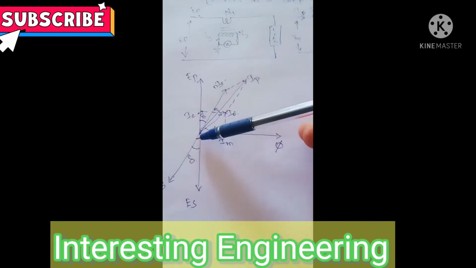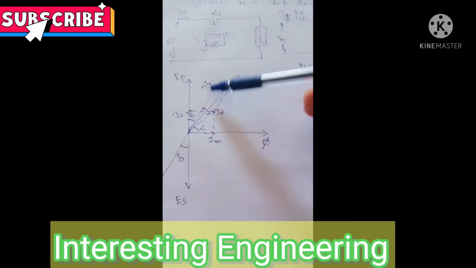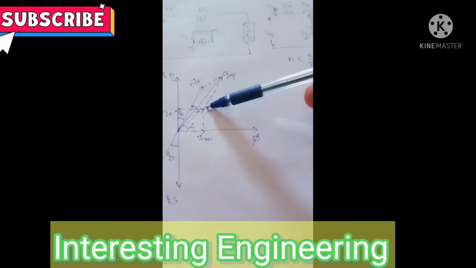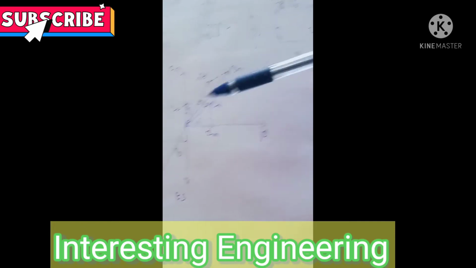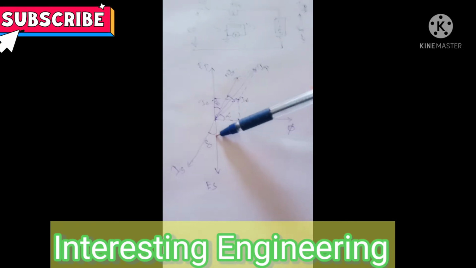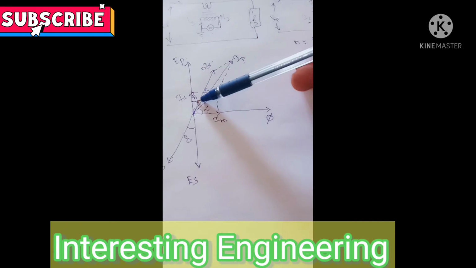So when we extend it to the primary side, we can mark it as NIS, and this NIS plus I naught gives you IP. So the combination gives IP, and since the angle between ES and IS is delta, I am representing the same angle over here, delta.